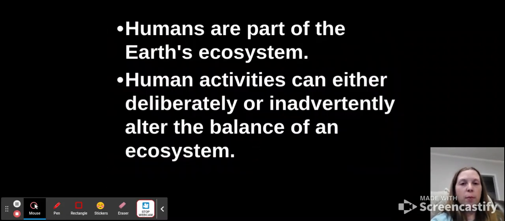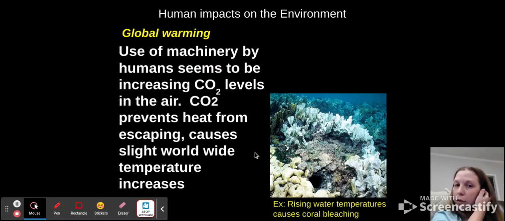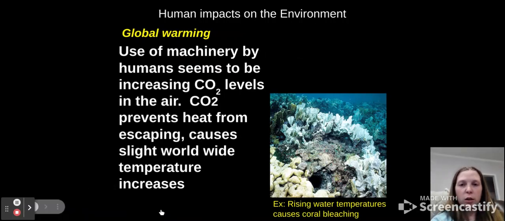So humans are a part of the Earth's ecosystem, and our activities, whether we mean to or not, alter the balance of the ecosystems. So the first way we can look at this is global warming. The use of machinery by humans seems to be increasing the carbon dioxide levels in the air, and CO2 prevents heat from escaping, causing slight worldwide temperature increases.